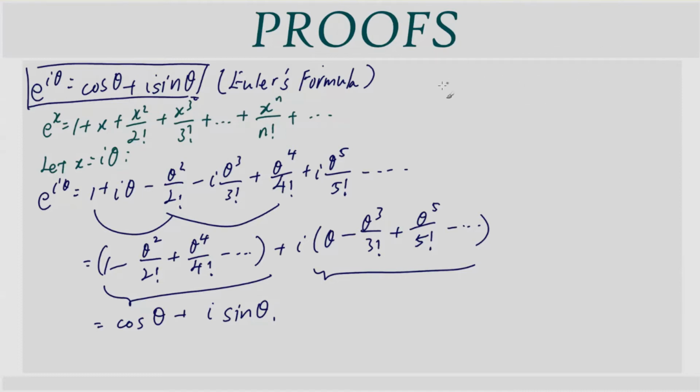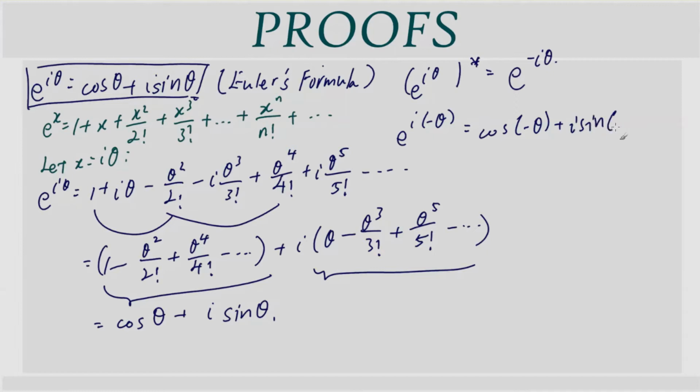And the conjugate of Euler's formula, so the conjugate of e to the power of i theta is equal to e to the power of negative i theta. And why so? e to the power of negative i theta is equal to cosine of negative theta plus i sine of negative theta.